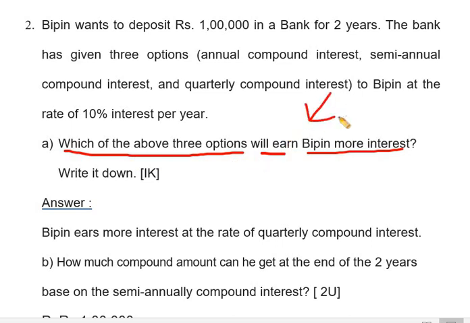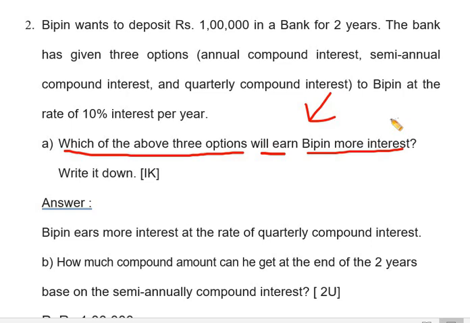In another language, the question may ask, if you are an advisor, then which option do you suggest to Bipin? If you are an advisor, then in which option do you suggest he deposit so that he will earn more interest?